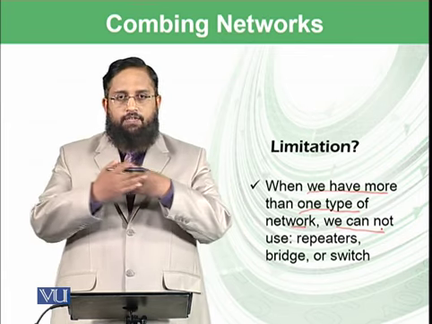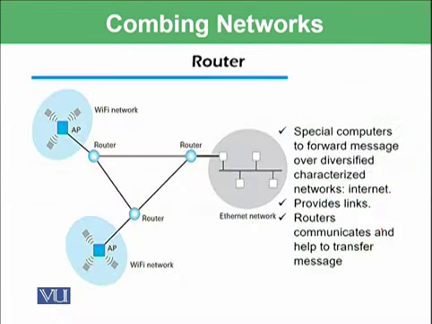So how will those be interconnected? We can use a router in this case. These are special computers to forward messages over diversified networks like the internet. And it provides links, routes communications, and helps to transfer messages.